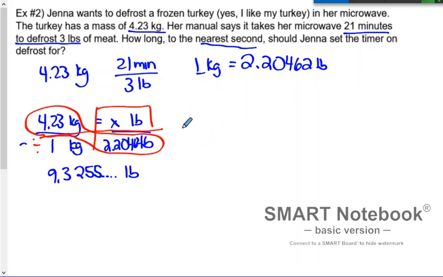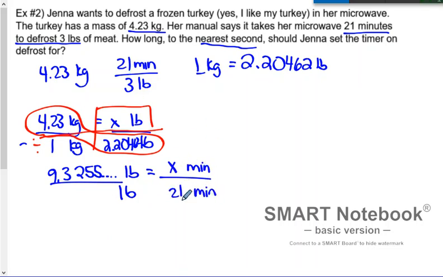So let's figure out the exact time now that we've made our estimation. So we have 9.3255, whatever pounds. And I would just leave this number in my calculator, so don't press clear. And I want to know how many minutes it's going to take to defrost, right? So here, lining up our units, pounds and pounds, minutes and minutes.